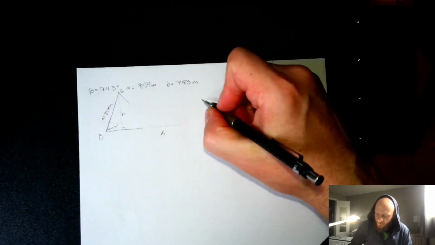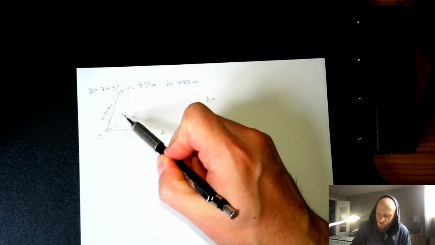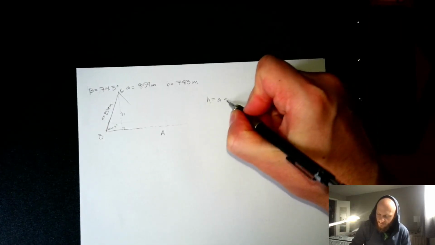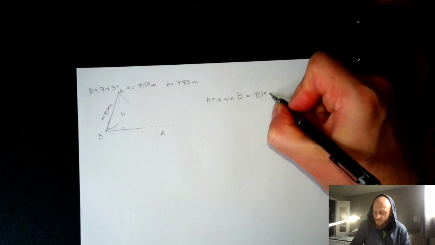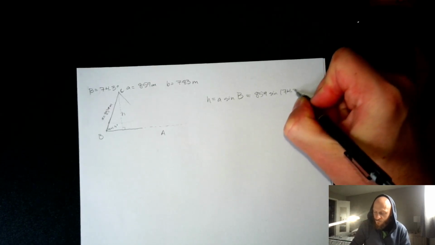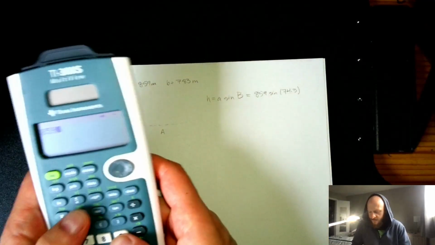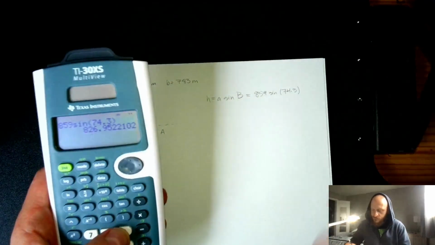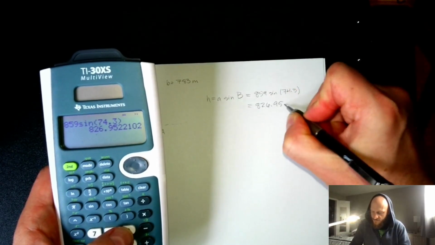H would be, sine of B is H over A. So H is A times sine B. So 859 times the sine of 74.3 is 826.95 meters.